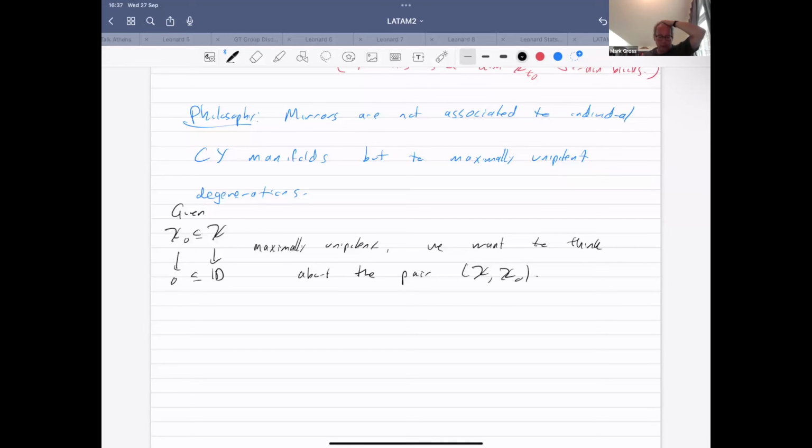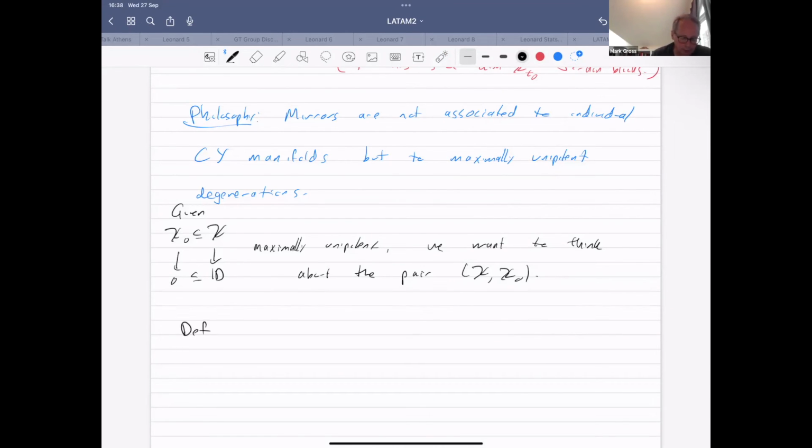And it turns out, this is one of the things that we came to understand over the last 15 years, that there's a more general setting for mirror symmetry, which is not for Calabi-Yaus, but for pairs of this sort. And in particular, this brings us the notion of a log Calabi-Yau.